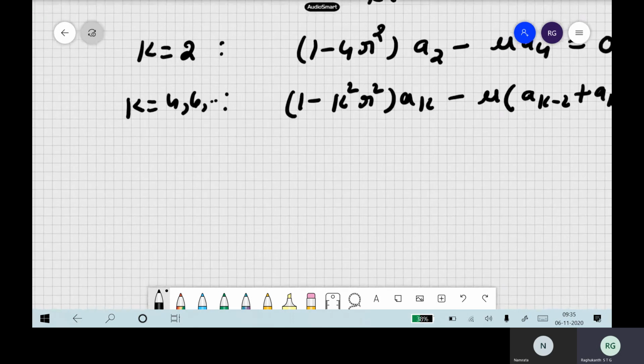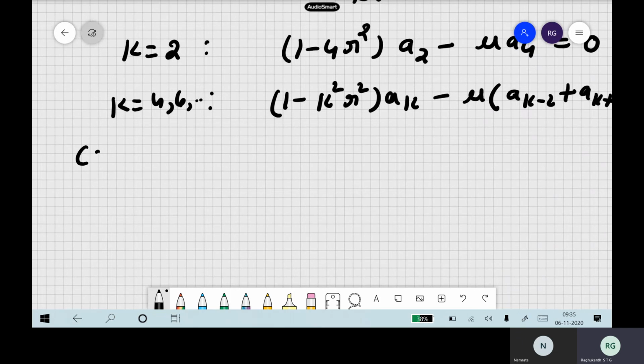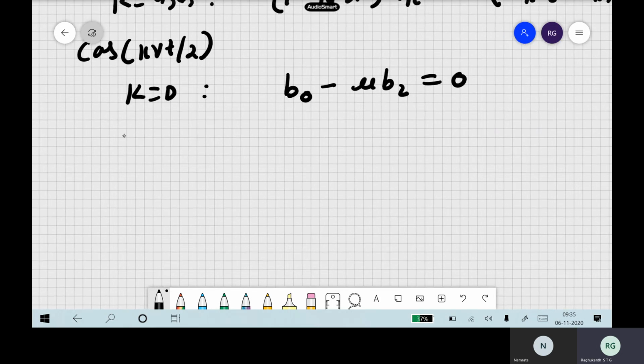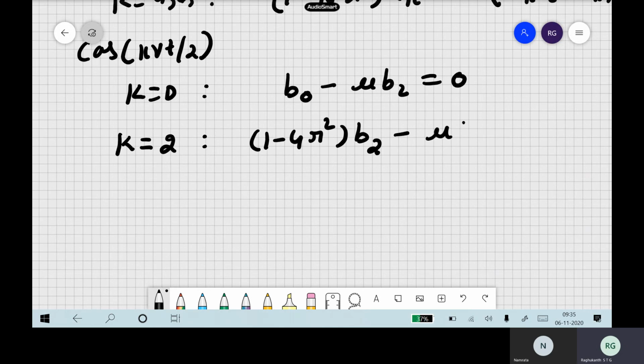Now similarly we have to do it for the B's also, that is for the cos of k nu t by 2. Here you will have k equal to 0 also, because b naught is there, right? So b naught minus b2 equal to 0. One more extra equation you have, because k is equal to 0, and k is equal to 2, say 1 minus 4 times r square b2 minus mu times 2 b naught plus b4 is equal to 0.